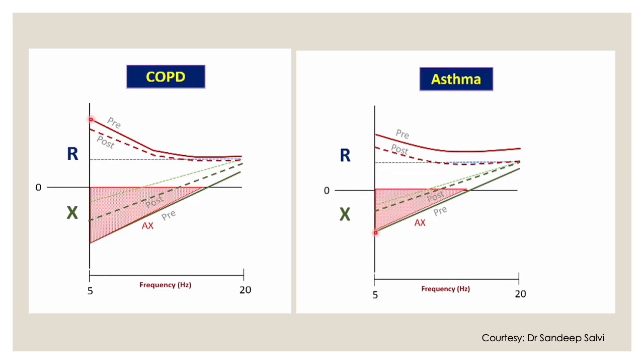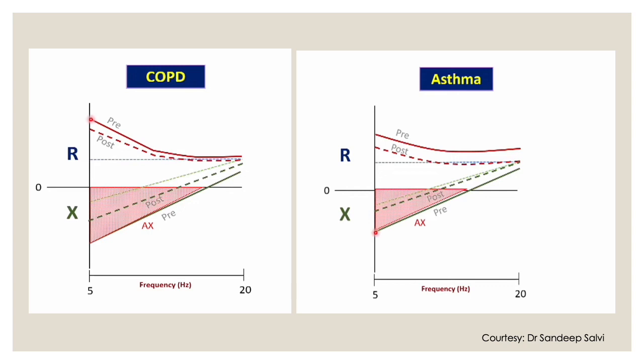So in COPD, if you see, the R5 in this patient is increased. The R20 here is nearly normal. And the AX has become more negative. The resonant frequency has shifted more towards the right. So definitely, because the R5 has increased but the R20 is normal, we can see that R5 minus 20 will be much larger.